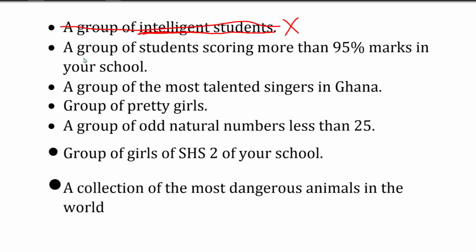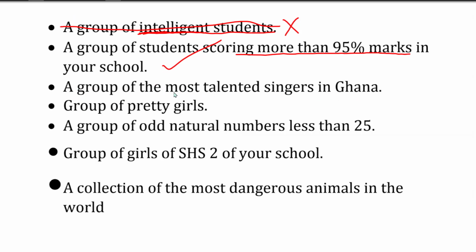The next one, a group of students scoring more than 95% marks in your school. This is a set because in my school I can find students that score more than 95 marks. So this forms a set. The third one, a group of the most talented singers in Ghana.